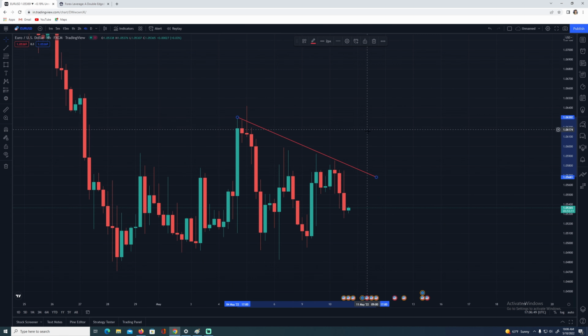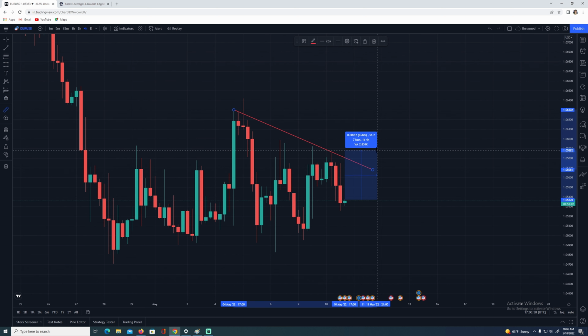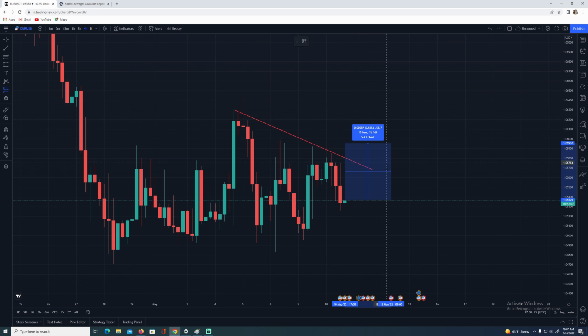So you take the ruler, and you want your stop loss above the previous high, which is this one, and you drag it over.